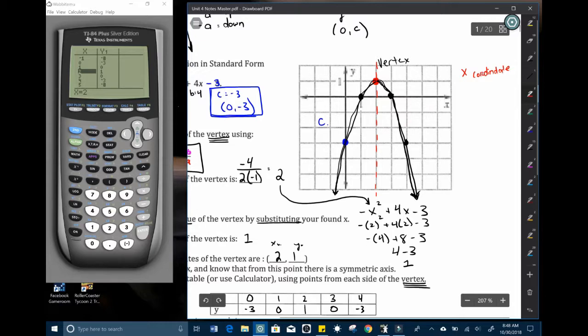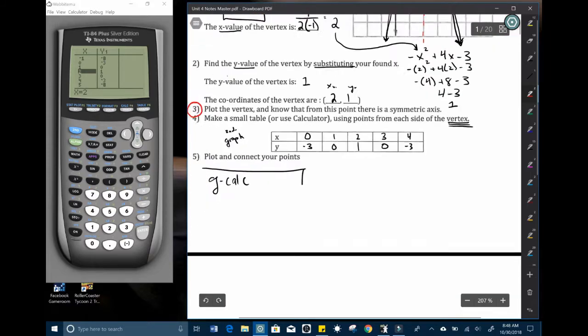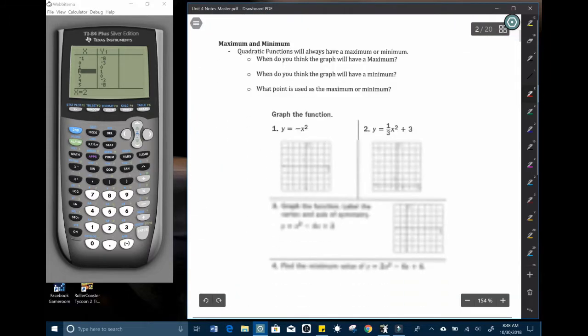For example, our axis of symmetry is x equals positive 2. Okay, and it should be pretty symmetric. This side is about the same as the other. So that's the axis of symmetry.